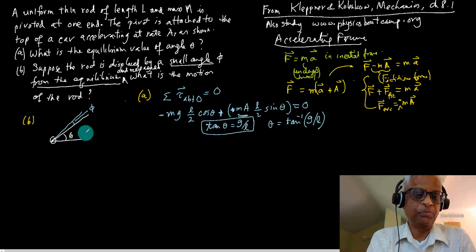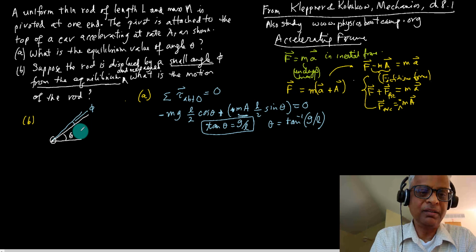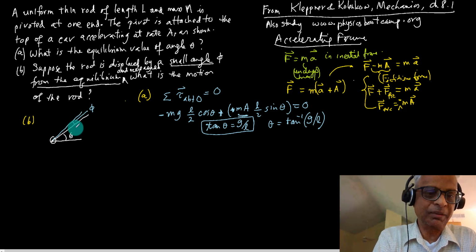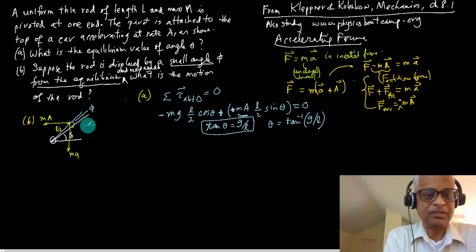Okay, for B, we are going to displace it a little bit about that. Again, the forces are the same two forces. So if I'm over here, we have this L over 2 distance, and mg, and you again have ma in that direction, because A is in that direction for the frame.